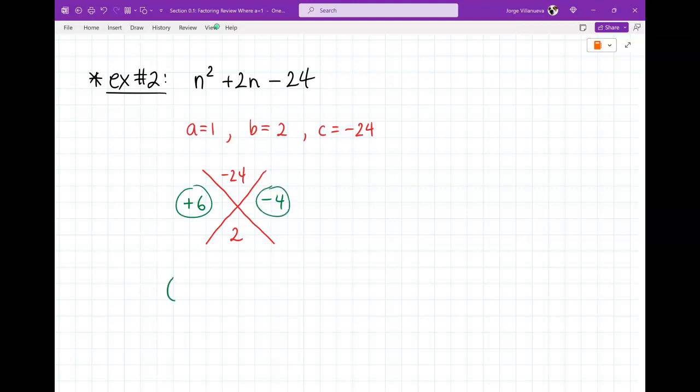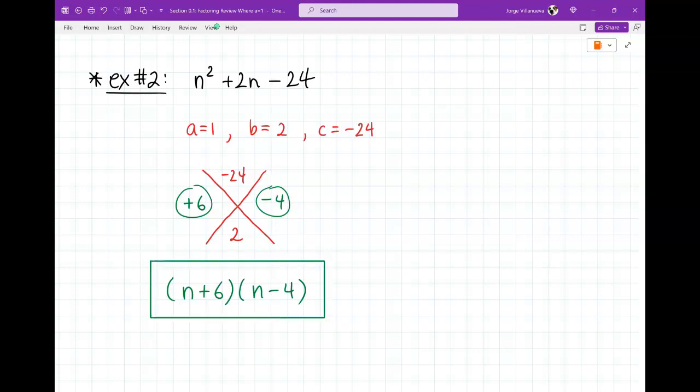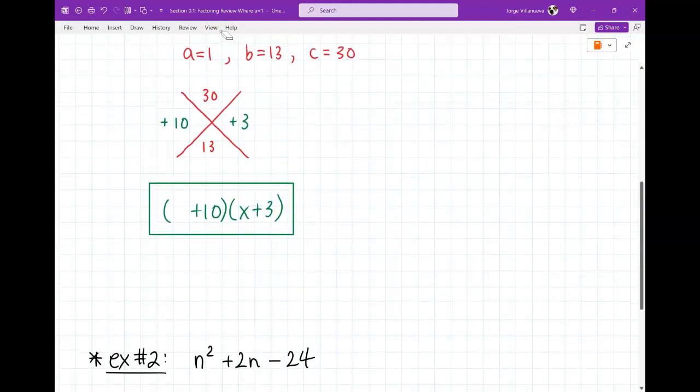So I'm just going to write n. Oh, did I write x on the top one? I did, didn't I? Sorry, bad habit. I'll go back and fix that. There you go. n plus 6, n minus 4. I'll go back and change the x's to m's right now. It should be m values.